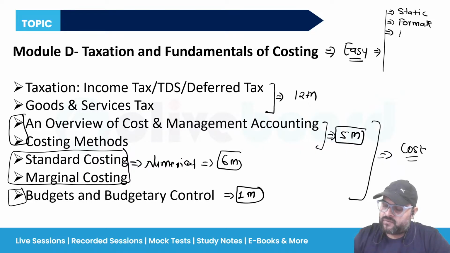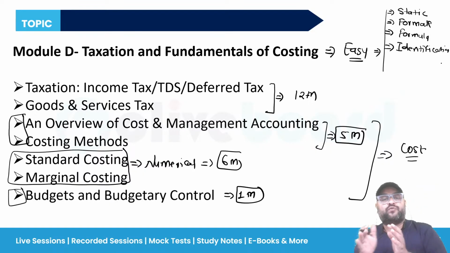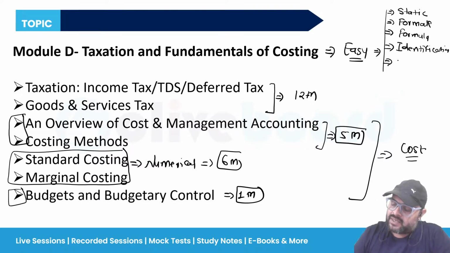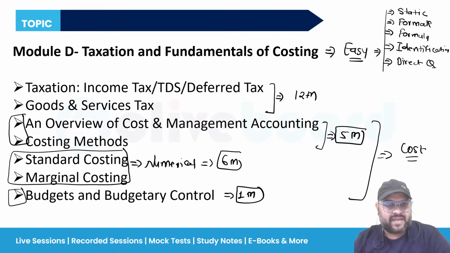There will be formula based numericals, and there will be identification kind of questions like which organization follows which type of costing method. That type of questions will also be there. And then some direct, easy questions from topics like budget and the introductory part of cost and management. So this type of questions you will find out of this particular module.